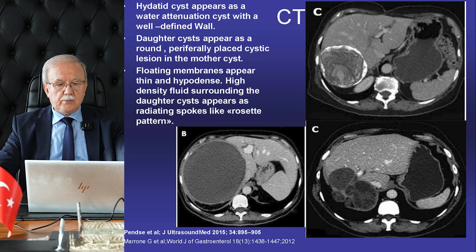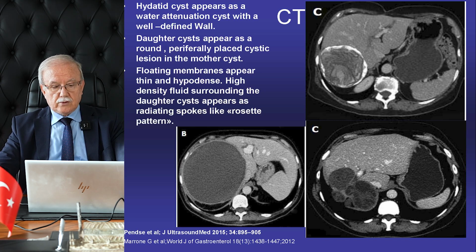On CT, a hydatid cyst appears as a water attenuation cyst with a well-defined wall. The daughter cysts appear as round, peripherally placed cystic lesions in the mother cyst. Floating membranes appear thin and hypodense. High-density fluid surrounding the daughter cysts appears as radiating spokes, like a rosette pattern.